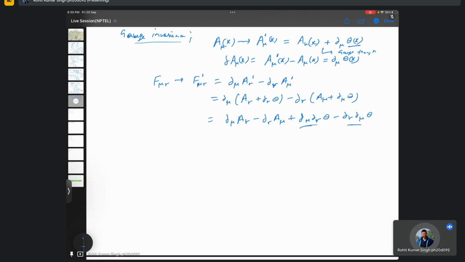Now this order of derivative doesn't matter, right? So this cancels this, and this is your F_{mu nu}, right? So you see that under the gauge transformation, F prime is just the same as F_{mu nu}. So we can say that the field strength tensor is unchanged under the gauge transformation, and this is what you might have seen earlier while studying electrodynamics, that under the gauge transformation of the scalar and vector fields, the Maxwell equations are invariant, right? So that is what you also see here.